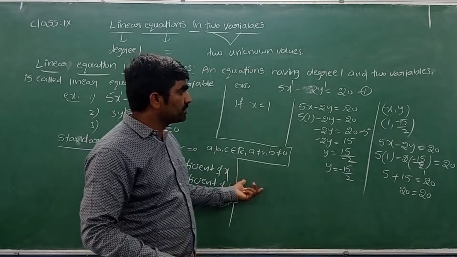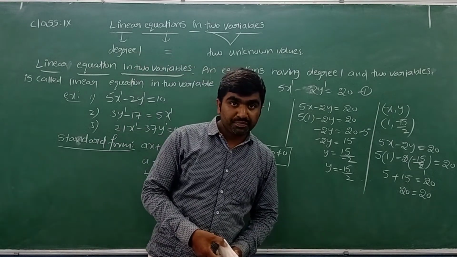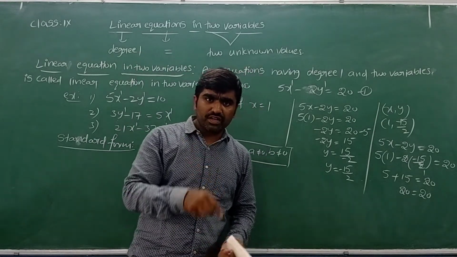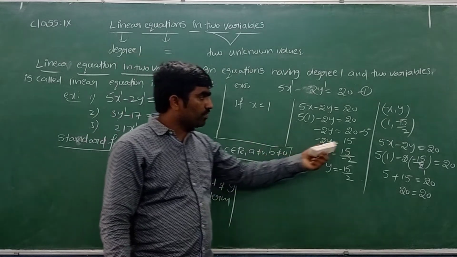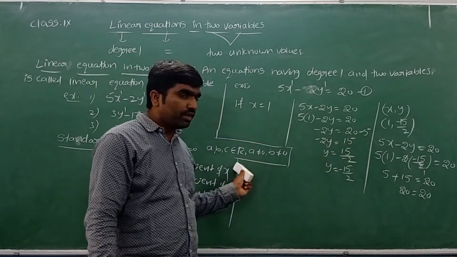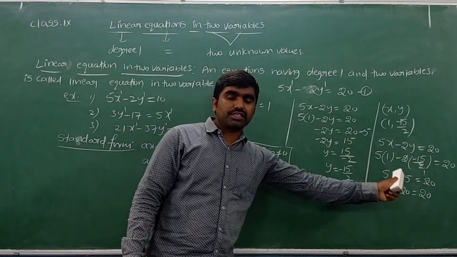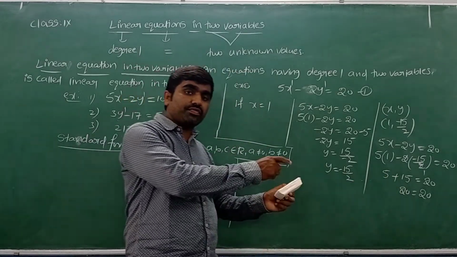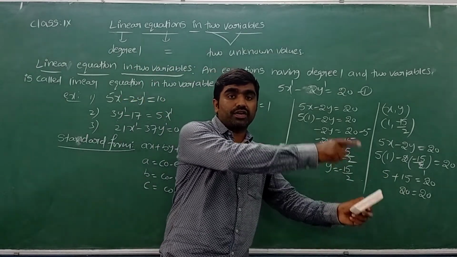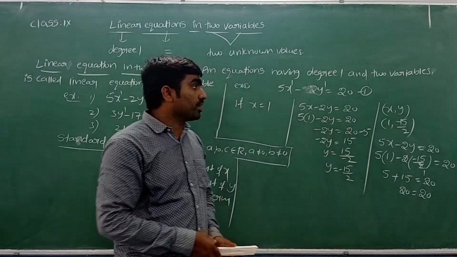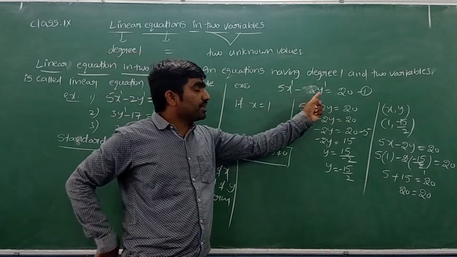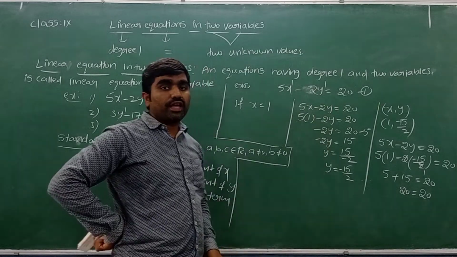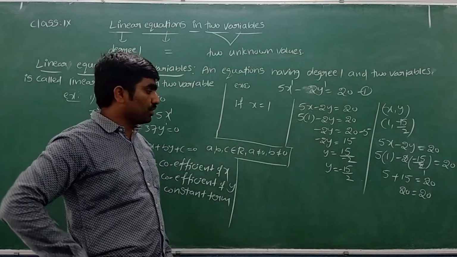Now tell me, from this, what is your conclusion? Can I say it has only one solution? X equal to 1, I got one solution. X equal to 2, you take, we get a y value, again x comma y is one solution. So by taking different x values, we get different y values and different ordered pairs. From here we can conclude that a linear equation in two variables has infinitely many solutions.